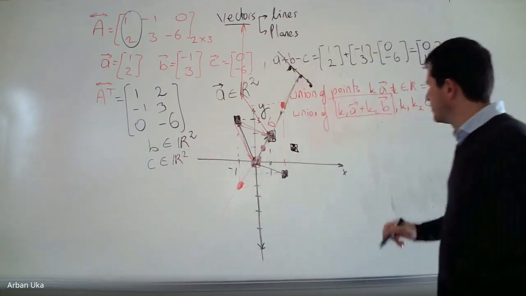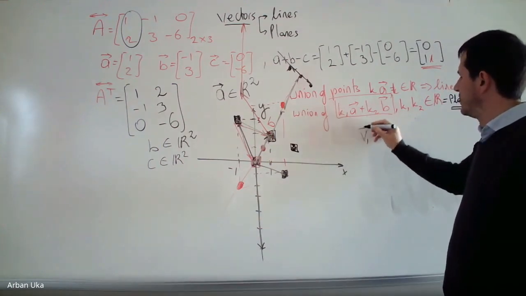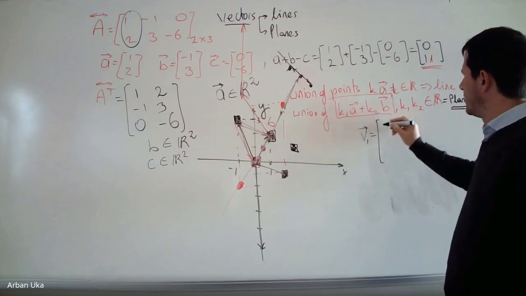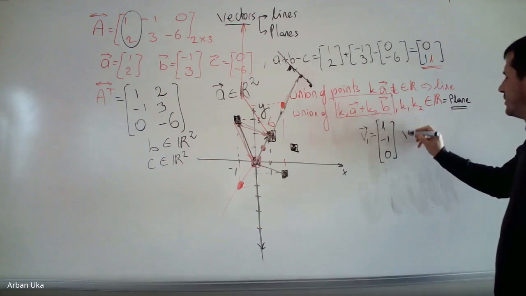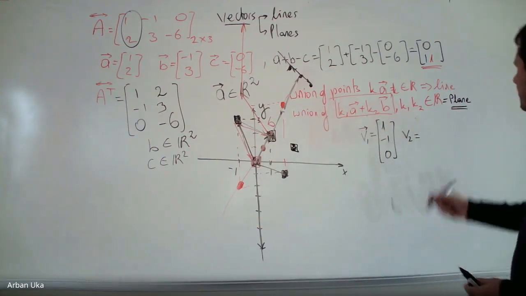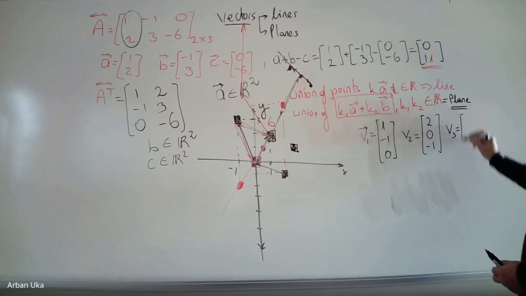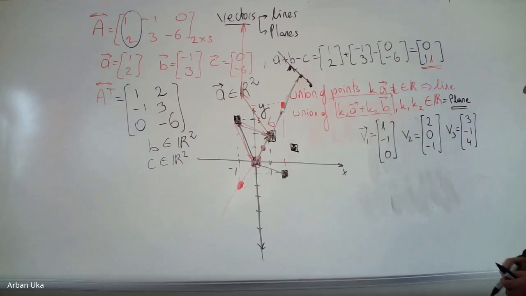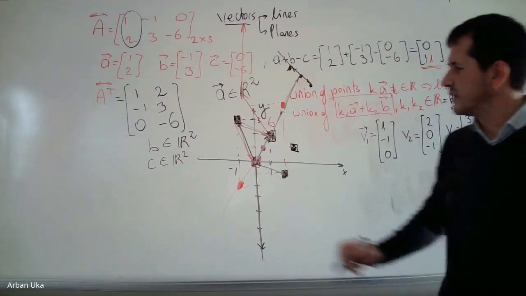But now we can also define some other vectors, such as V1, which can be equal to 1, minus 1, 0. V2 is equal to 2, 0, minus 1. And V3 would be equal to 3, minus 1, 4. So here we have three vectors where all of them belong to R cubed.